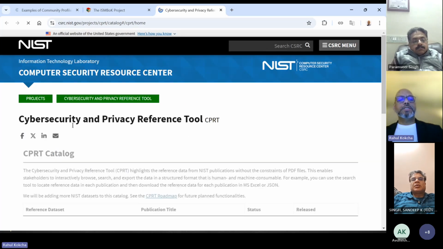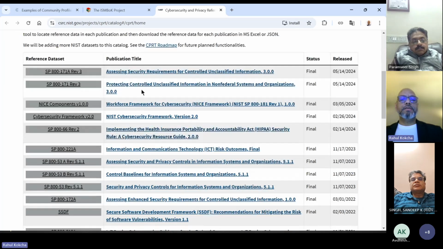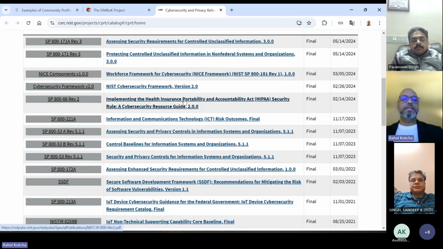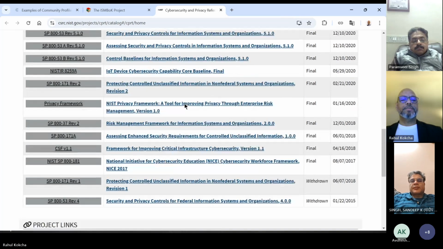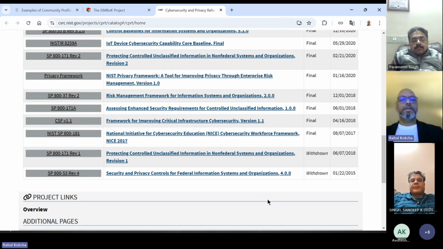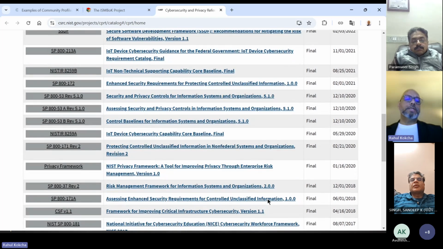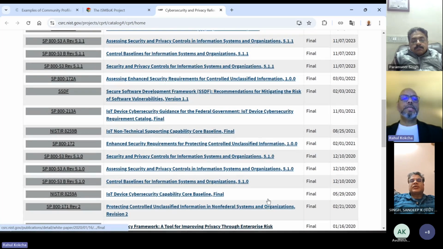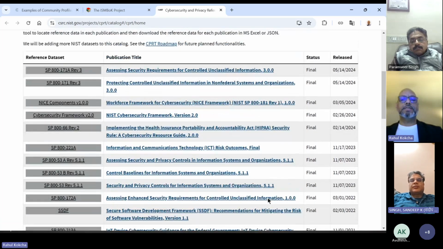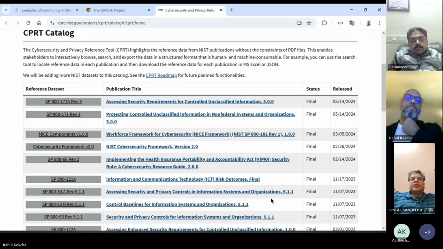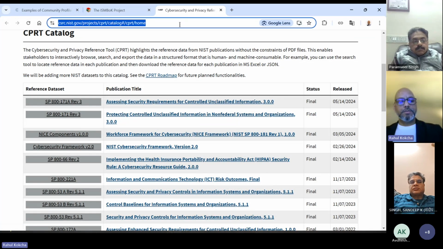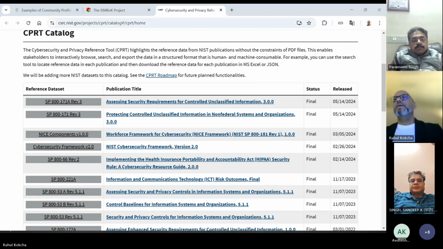NIST has created a proper portal for cybersecurity and privacy, where they have linked all these standards relevant to our industry in one place. And these all you can access freely. Great. If you can share that web address, link also, we will share. I can share this in the chat message.